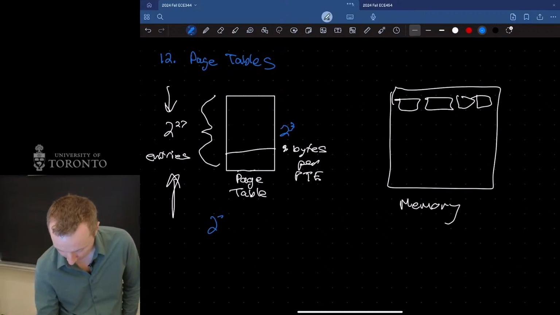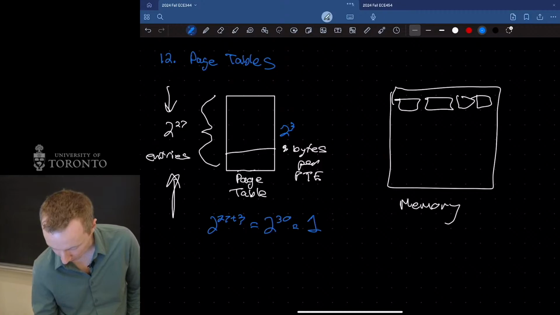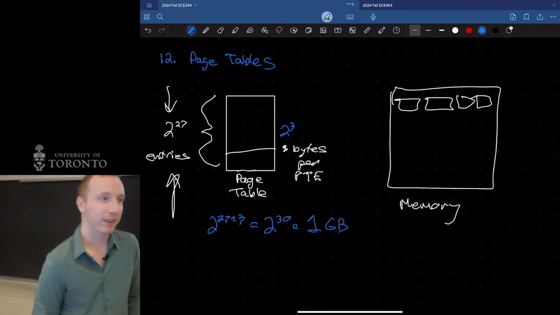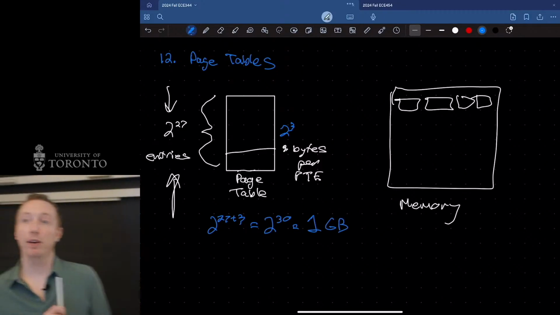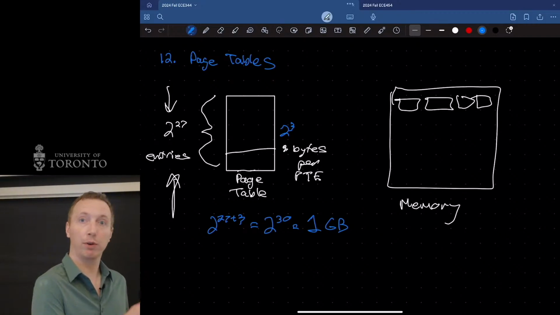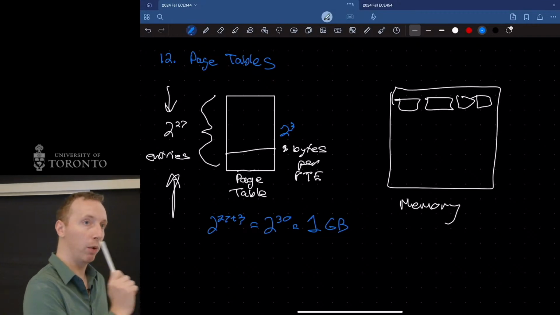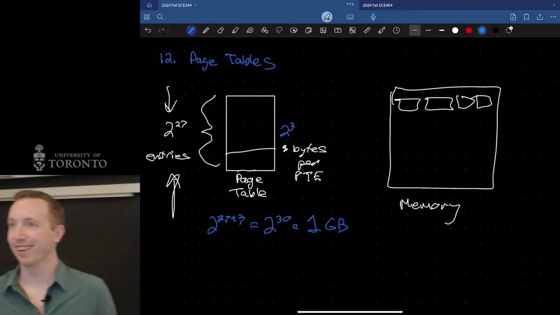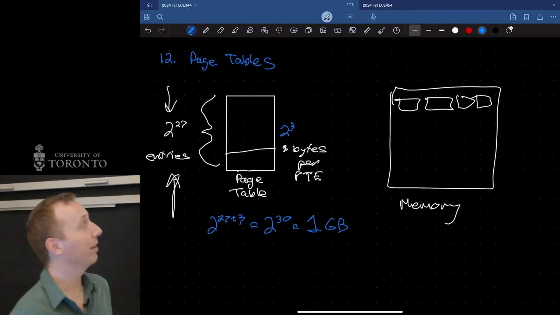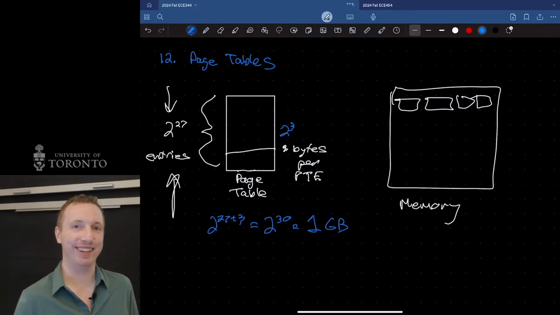So the total size would be 2 to the 27 plus 3, aka 2 to the 30, aka 1 gigabyte. And this page table is the virtual to physical mapping for one process. So for 1 process, our page table is a gigabyte.